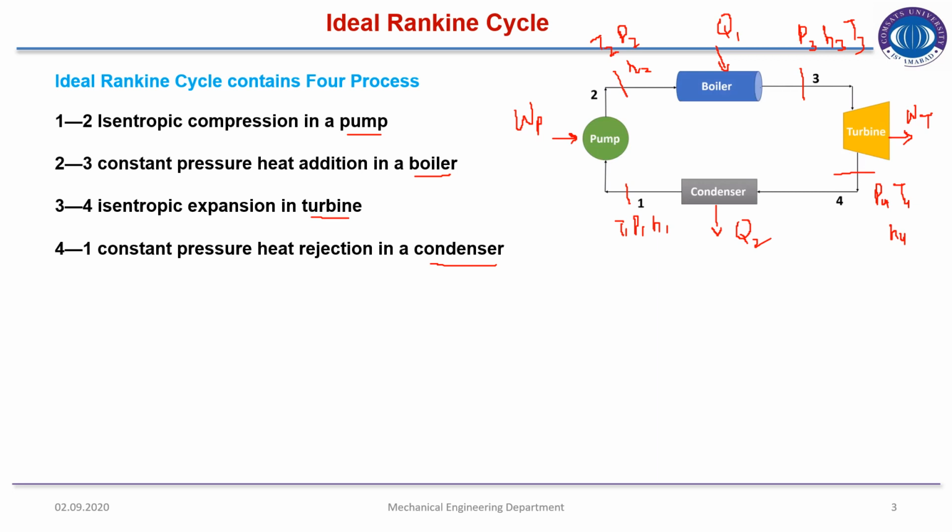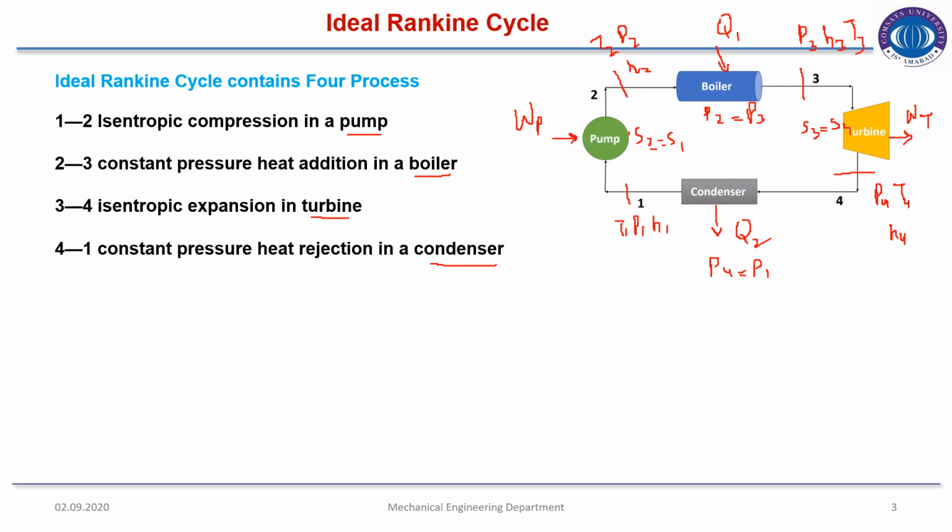So two processes are isentropic and two are isobaric processes. So P2 is equal to P3 and P4 equals P1, whereas S3 equals S4 and S2 equals S1. So process 1 to 2 is an isentropic process, and process 3 to 4 is also an isentropic process.